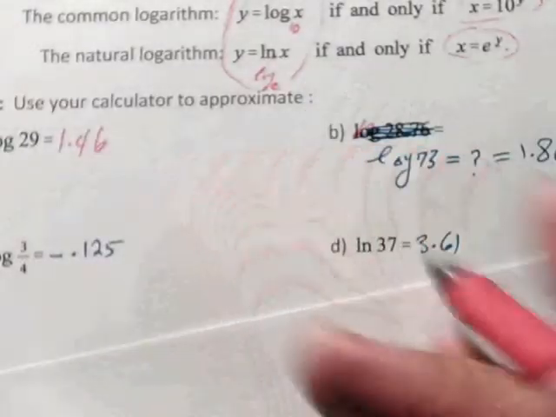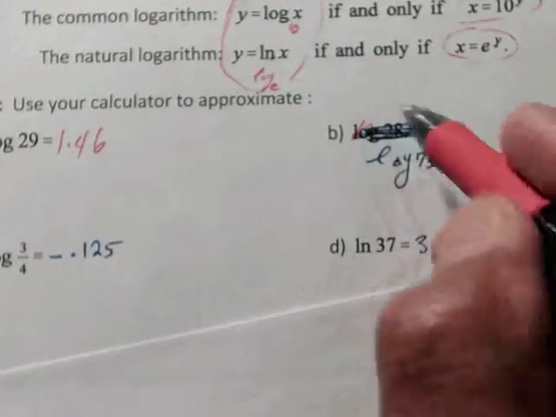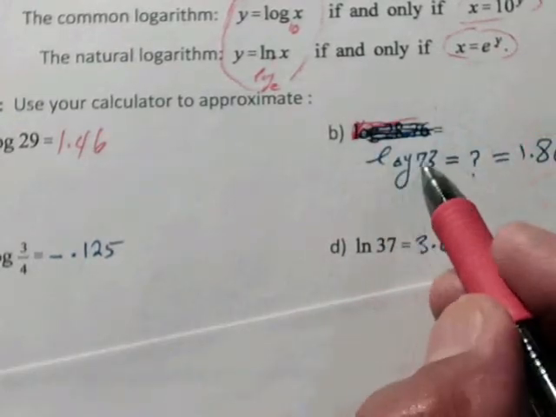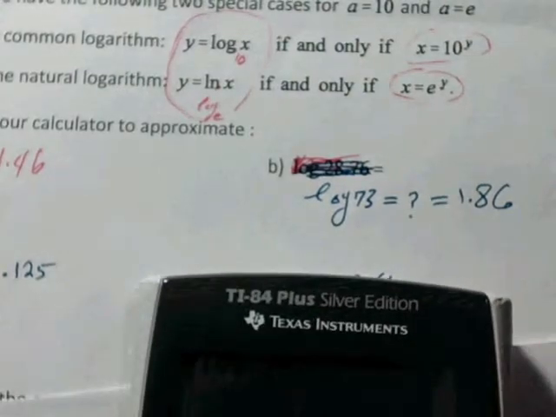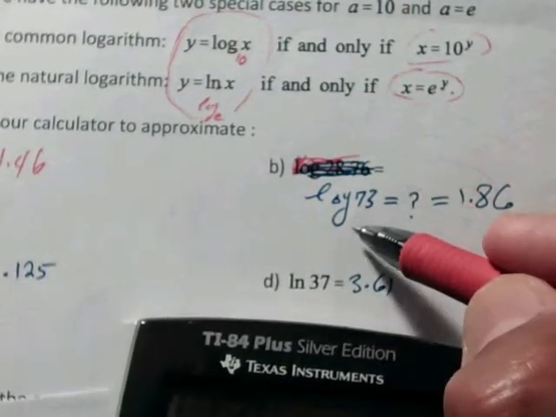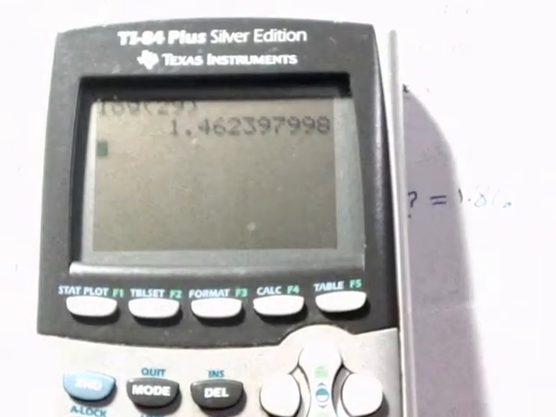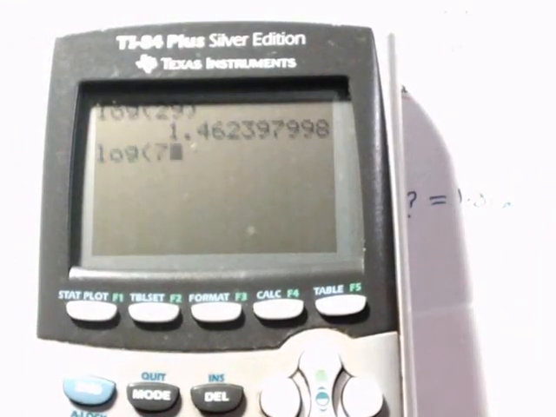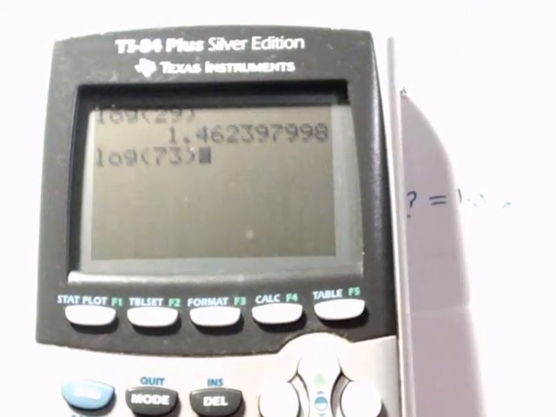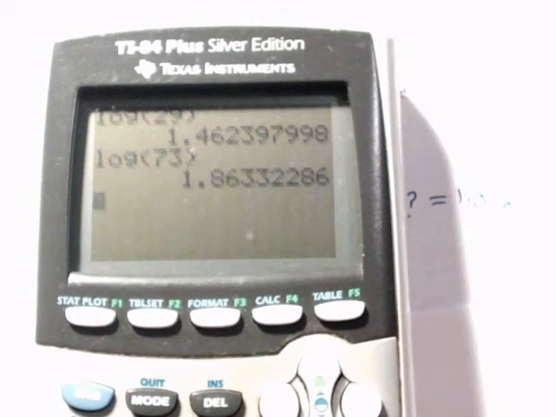Now I changed this problem because it was a similar number. I changed it to log of 73. What is that? There is no number here, that means base 10. So say log of 73. There you go, 1.86.